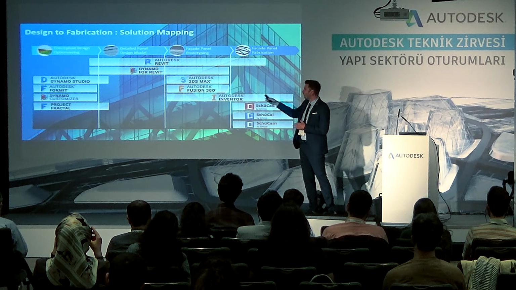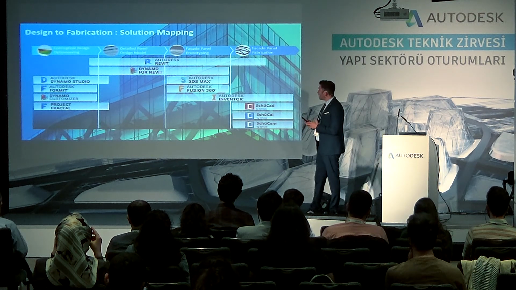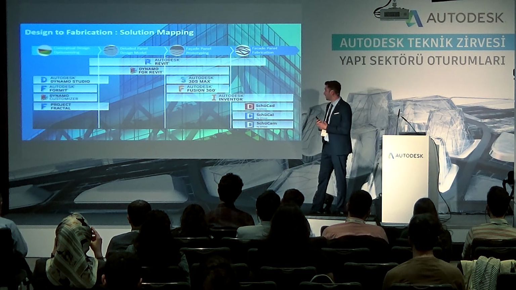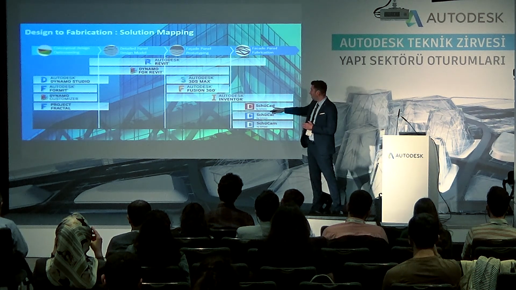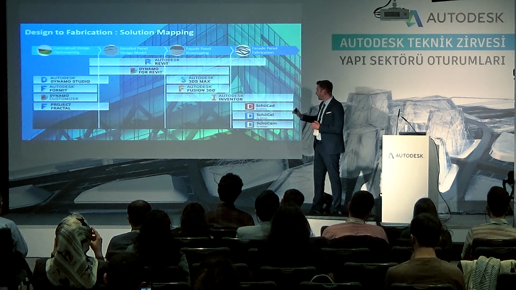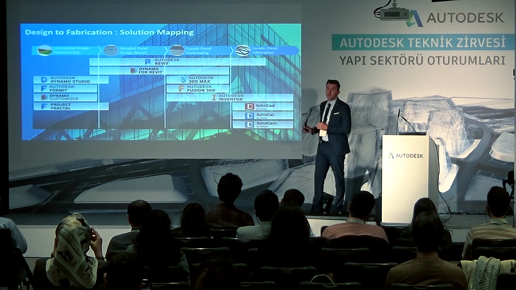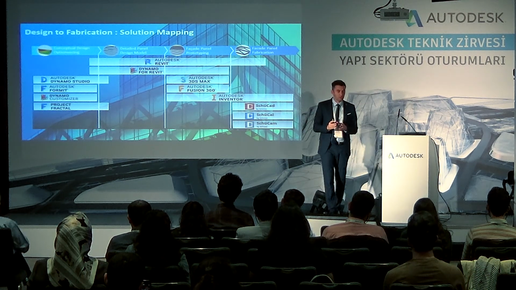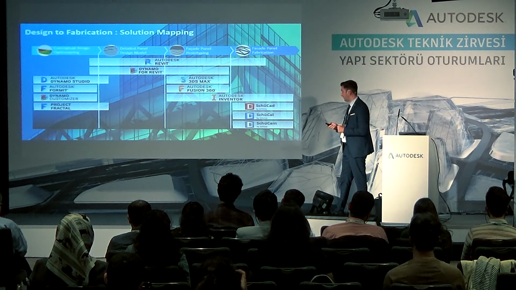Optional, we can use Inventor also, and we can use also third-party software by facade fabricators and producers. In this case, we have used ShoeCAD, ShoeCal, and ShoeCam. These are 3 products that each have a certain role in the fabrication process.